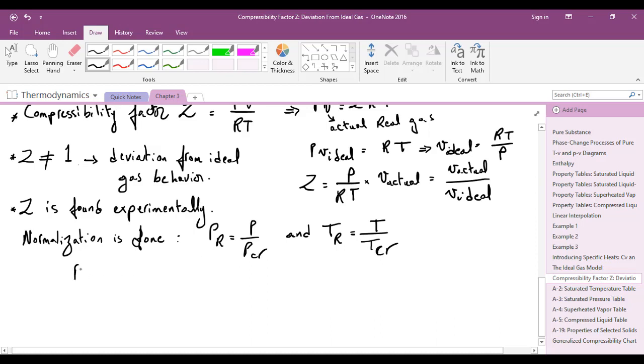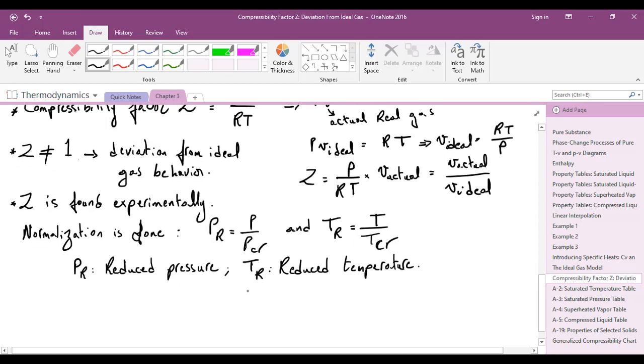So PR is called the reduced pressure, and TR is called the reduced temperature.